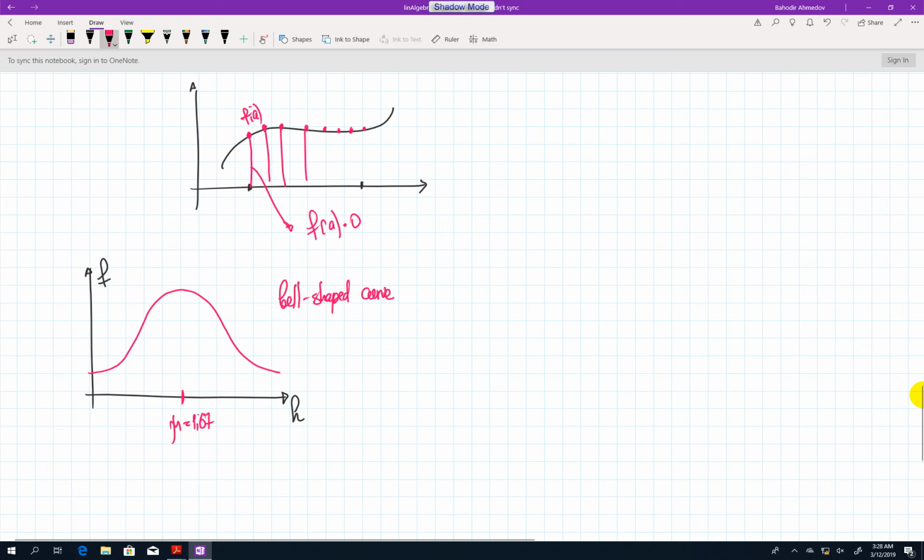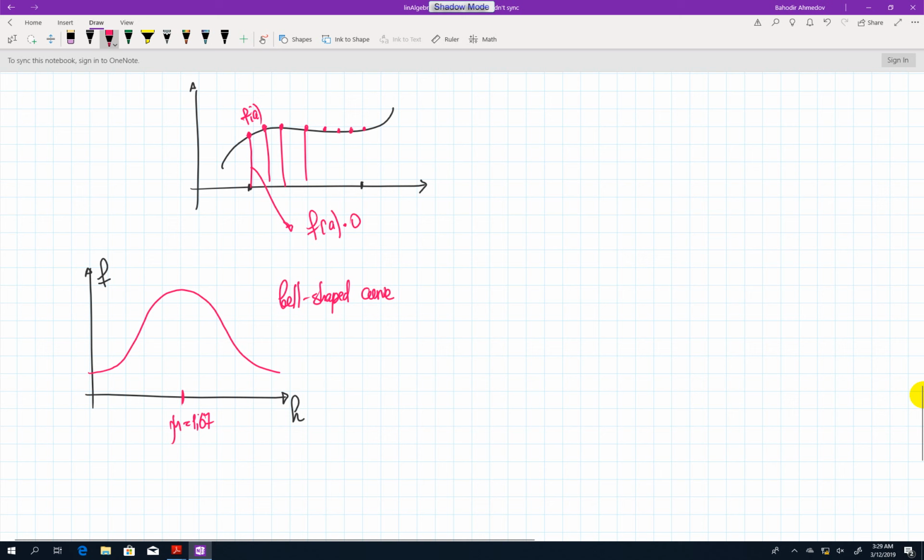You can understand this like this, okay? This is not exactly the meaning, but you can say the height of the curve tells you the frequency. So in our university, how many students have a height around 1.67? Probably a lot, right? Very few students have a height of 140 or 150, and very few students have a height of 2 meters or over, right?